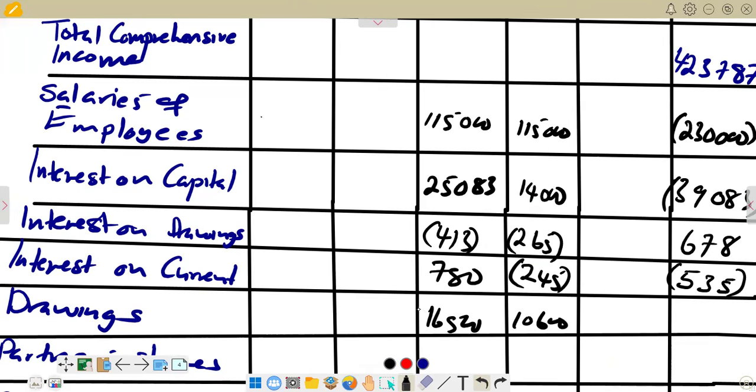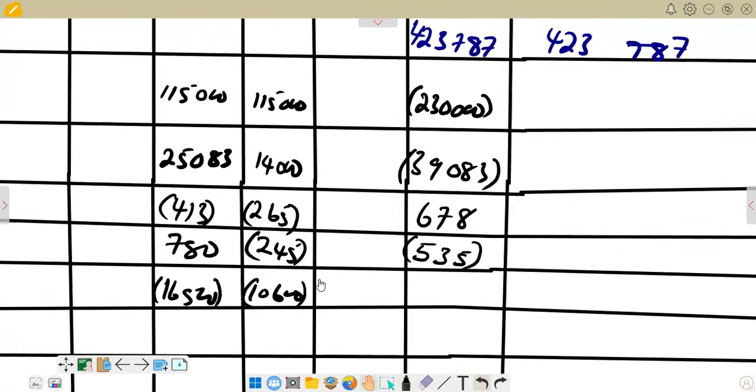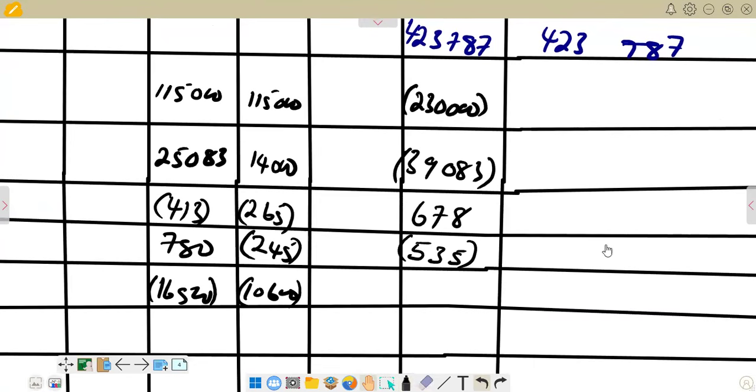So here in the current, we are supposed to show them as a negative, in brackets. And then the total of them we are not supposed to put in the current, but we are going to put it in the column for total equity. So that's the difference that we have there. So if we come here, you see that the column for total equity is this one.